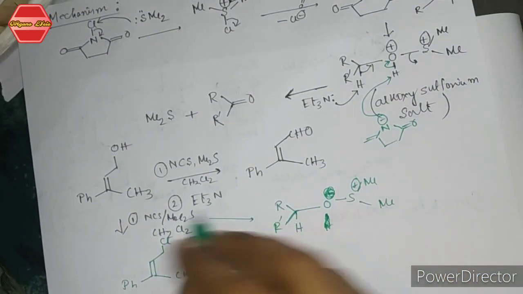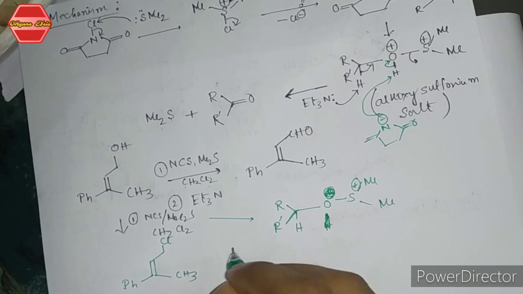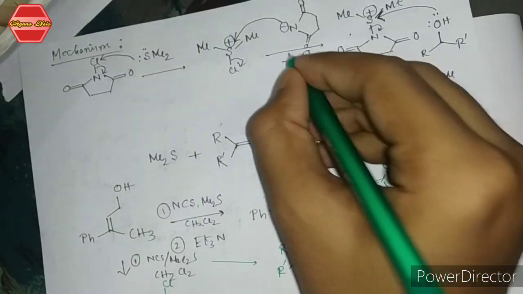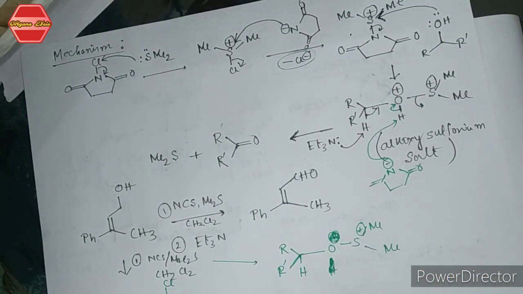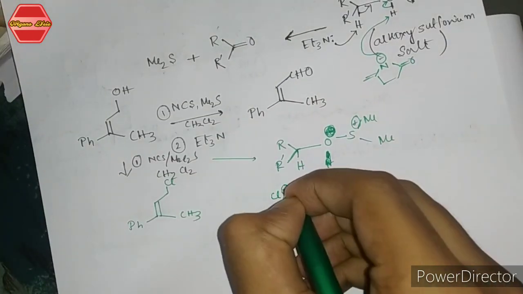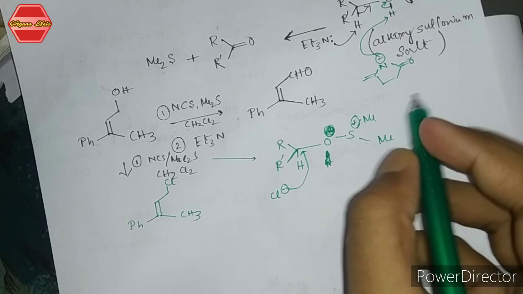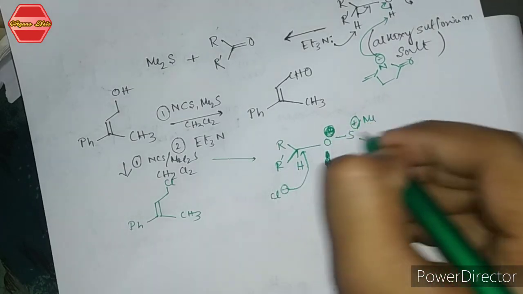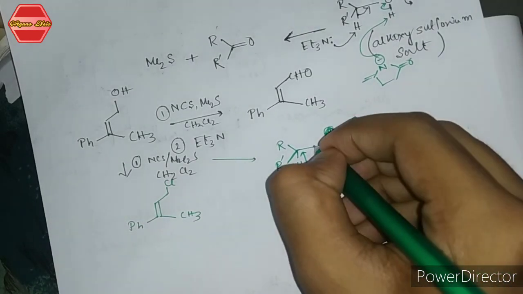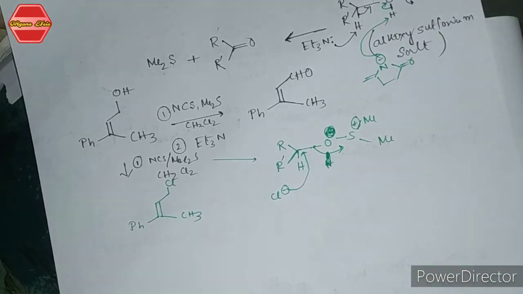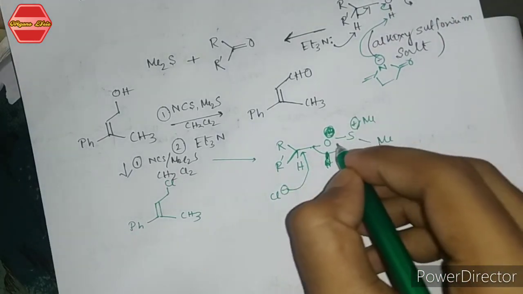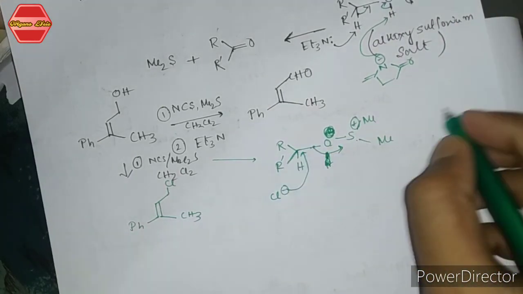Now if the base is not present, then the Cl minus is free and present in your system. So this Cl minus will attack on this side, and the sulfur oxygen bond is highly stable, so it will be removed from the system.